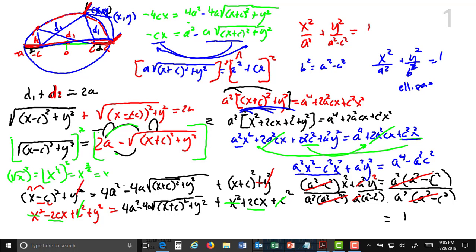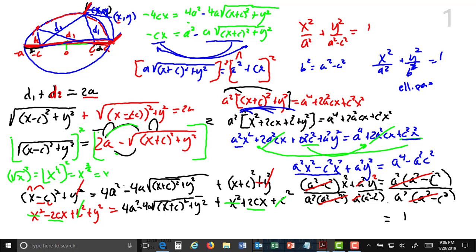So from 0 here is minus a, and from here to here is a, so the total is going to be 2a, see? So now I'm going to add my distances, d1 plus d2, okay? And the distance formula is going to be x minus this c point, squared, and then y minus 0, which is going to be y squared.